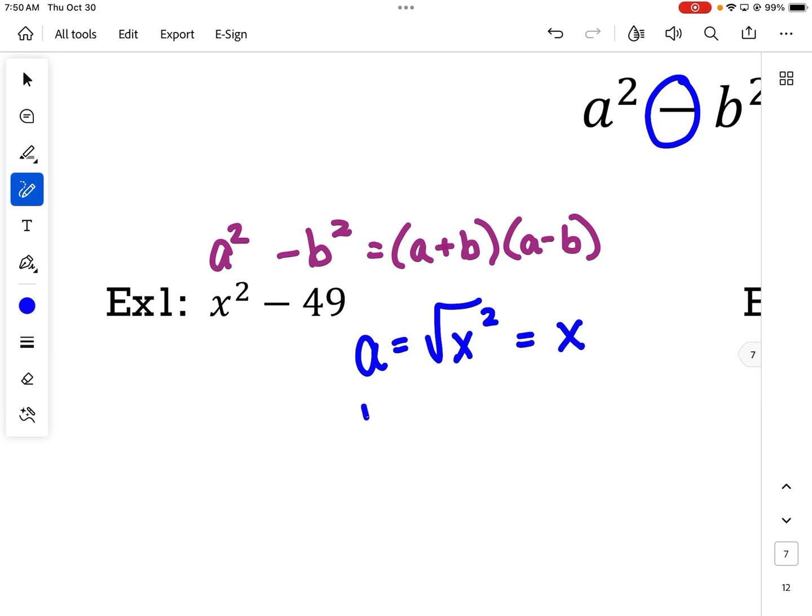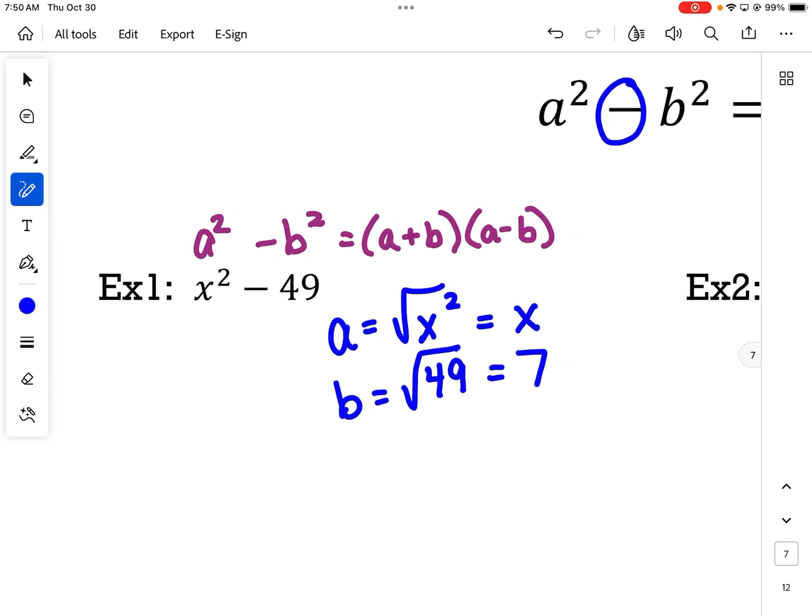And so b is going to be the square root of 49, which is a perfect square up there. That's one of the ones we filled in. 7 squared is 49. So this is 7. So that's what I'm going to plug in for a and for b on each one of these.